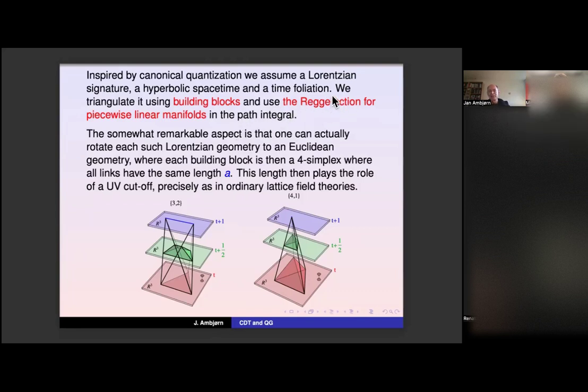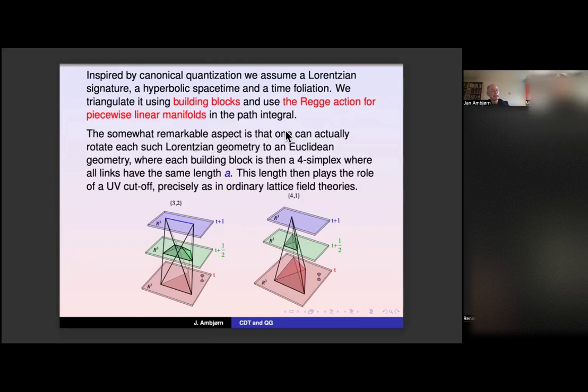And such a spacetime we triangulate by using building blocks. This means that we glue together these building blocks to what becomes a piecewise linear manifold. And we know the edge lengths of these building blocks, and then we can use the Regge action for piecewise linear manifolds to calculate the actual action in the path integral.